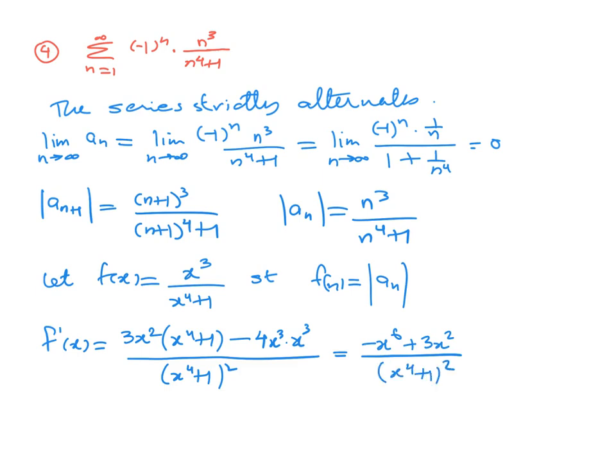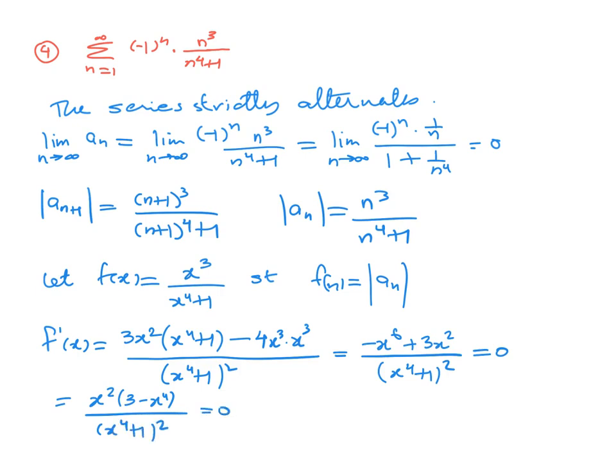And now I'm going to set this equal to 0 to make my comparison for my number line, my chart. I can factor out an x squared in the numerator. So I'm basically saying x squared times 3 minus x to the fourth, over x to the fourth plus 1 squared, is equal to 0.